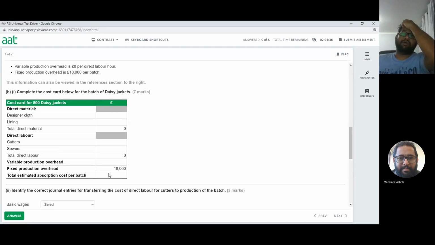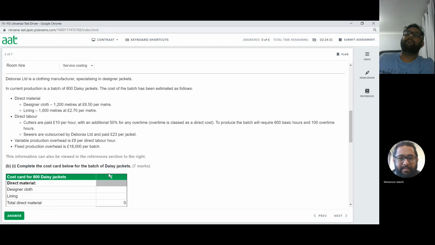Okay, so we have to find the total estimated absorption cost per batch. When it says absorption cost, we also have to remember absorption cost is a cost by function, not by behavior. So all your production cost will be going into your absorption costing.